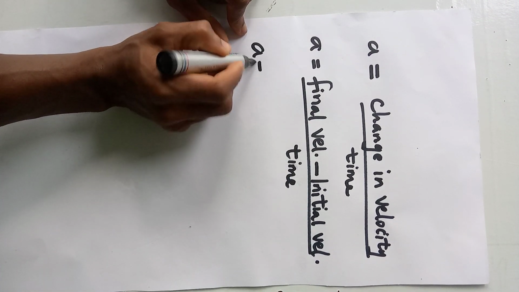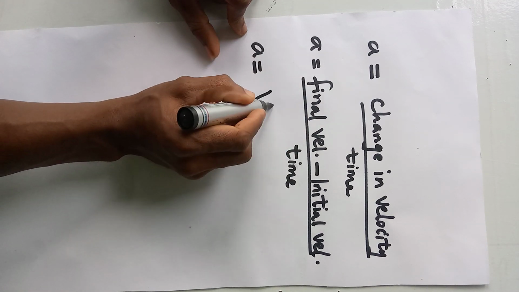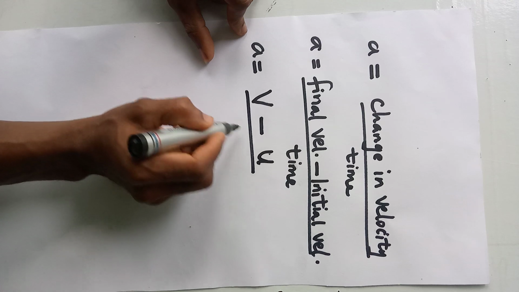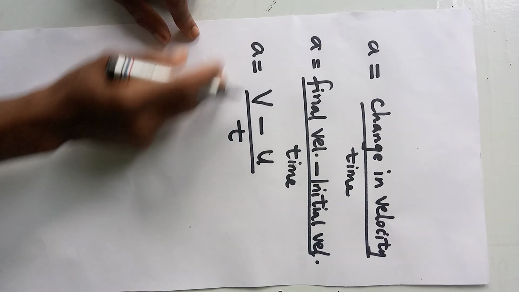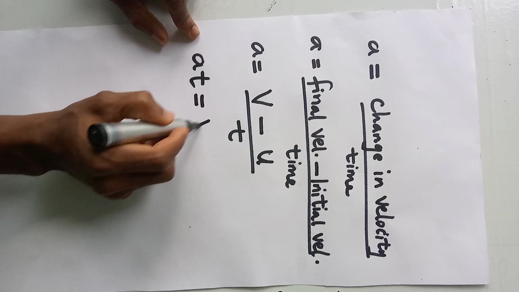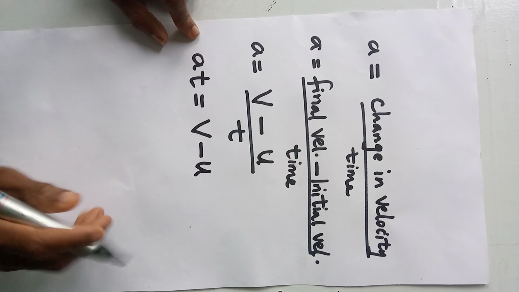So acceleration will be equal to final velocity V minus initial velocity U over the time T. So let's cross multiply. We have AT is equal to V minus U.